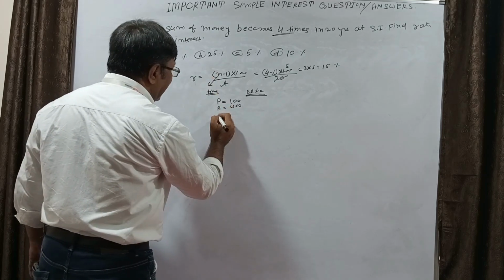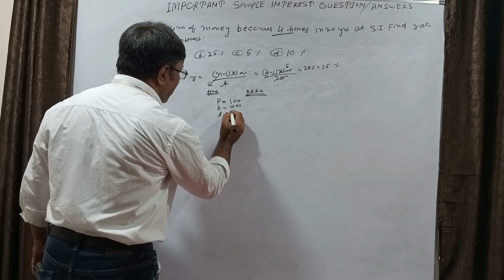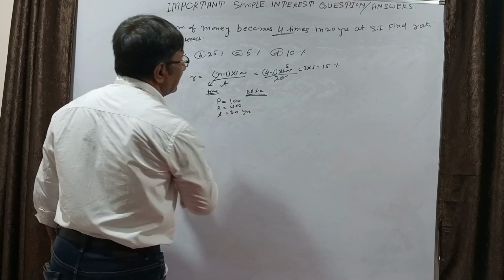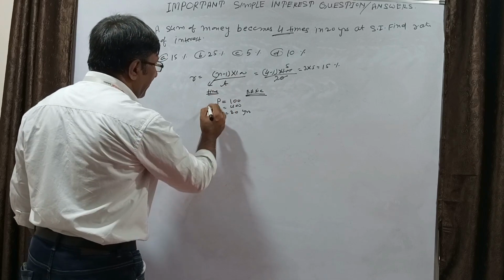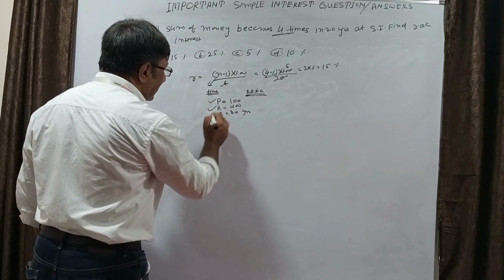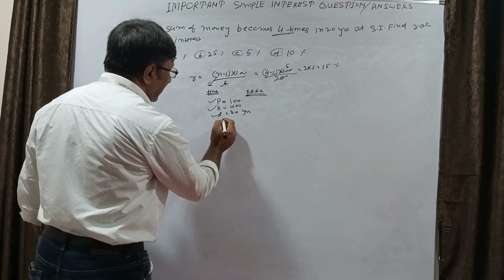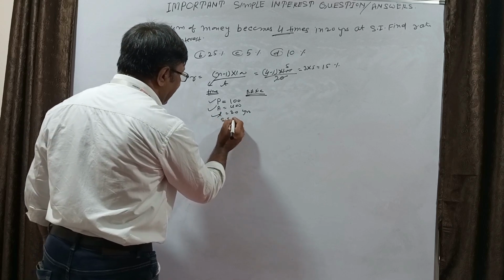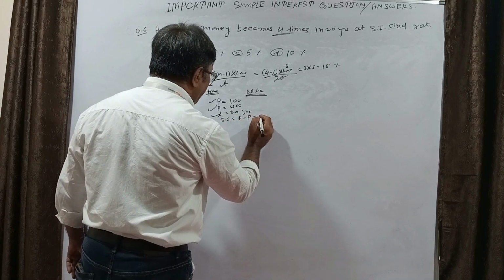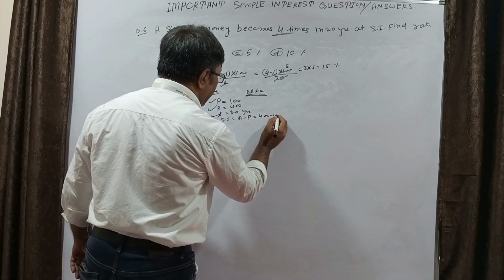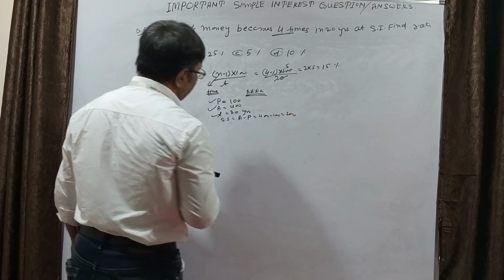And in 20 years, so time is 20 years. Find the rate of interest. Now principal, amount and time are given, so we can easily find simple interest. Simple interest is amount minus principal. So this is 400 minus 100, that is 300.